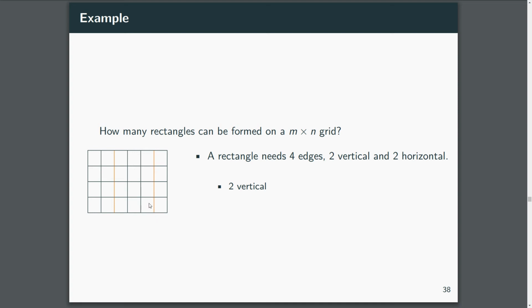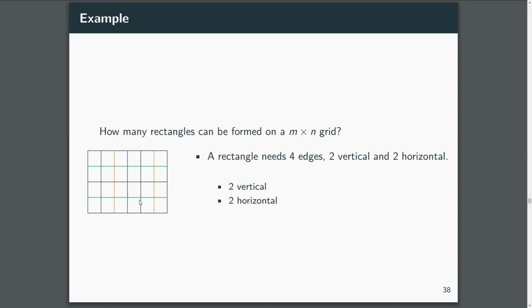And then similarly for horizontal, you get a top boundary and a bottom boundary. And because this is in a grid, these are bound to intersect somewhere. So you get the corners of the rectangle.